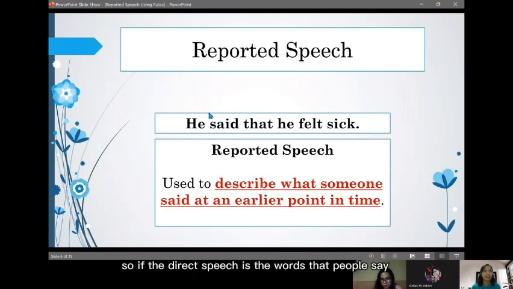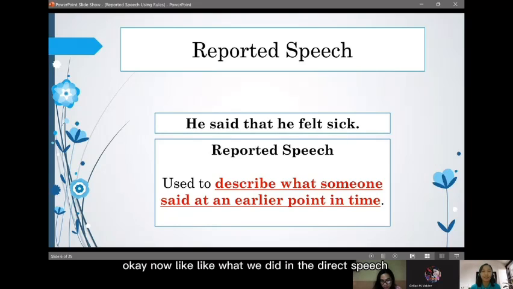So if the direct speech is the actual words that a person said, in the reported speech, the direct speech is being described by the person that someone has reported to.